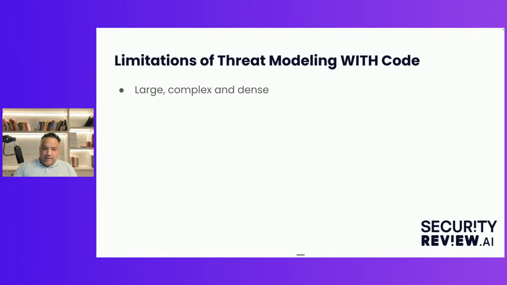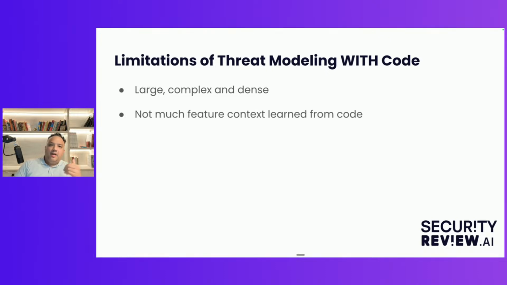It usually has a lot of moving parts. The application has a lot of different interfaces, different classes, different abstractions and so on, and it becomes a little complicated for you to use this to do a threat model, right? Not much feature context. A lot of times, source code might tell you how a feature has been implemented, but it may not tell you why a feature has been implemented.